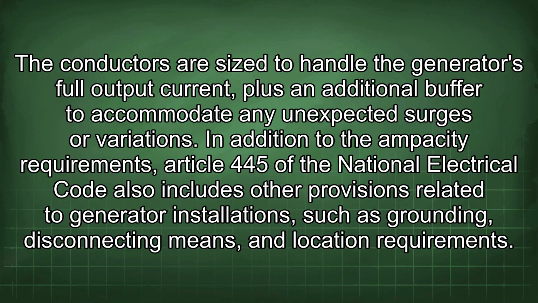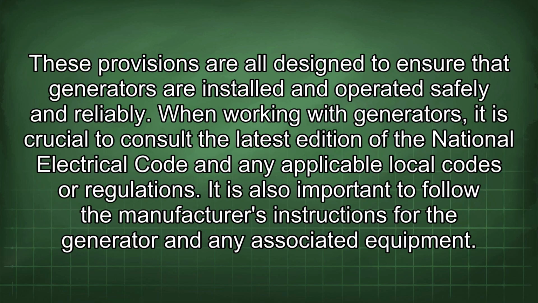In addition to the ampacity requirements, Article 445 of the National Electrical Code also includes other provisions related to generator installations, such as grounding, disconnecting means, and location requirements. These provisions are all designed to ensure that generators are installed and operated safely and reliably.